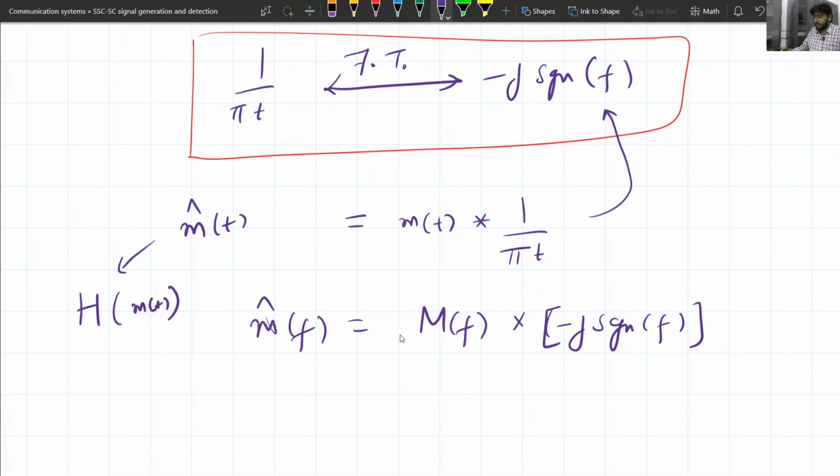That means the Fourier transform of the message signal is multiplied with the Fourier transform of 1 upon pi t.